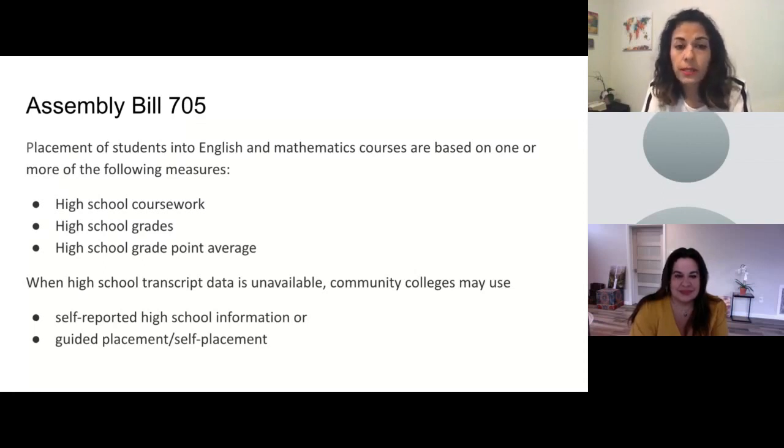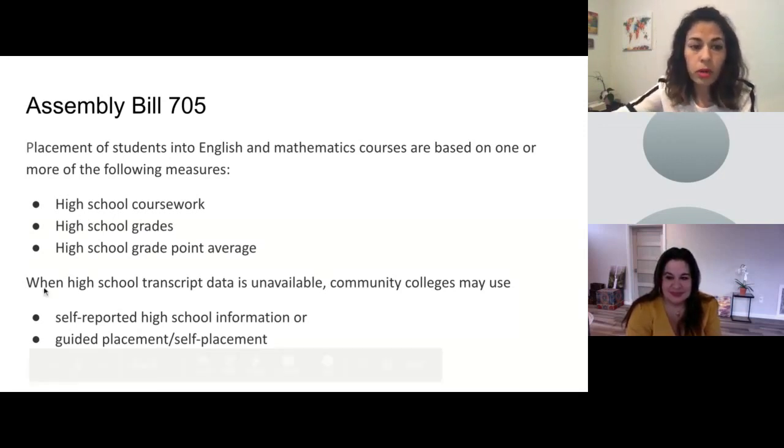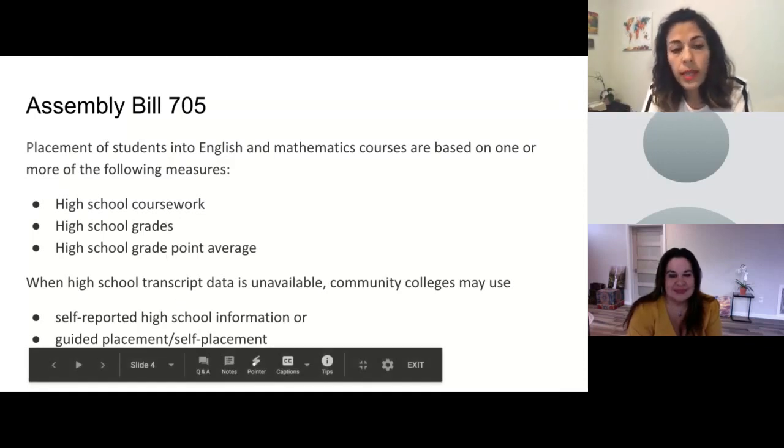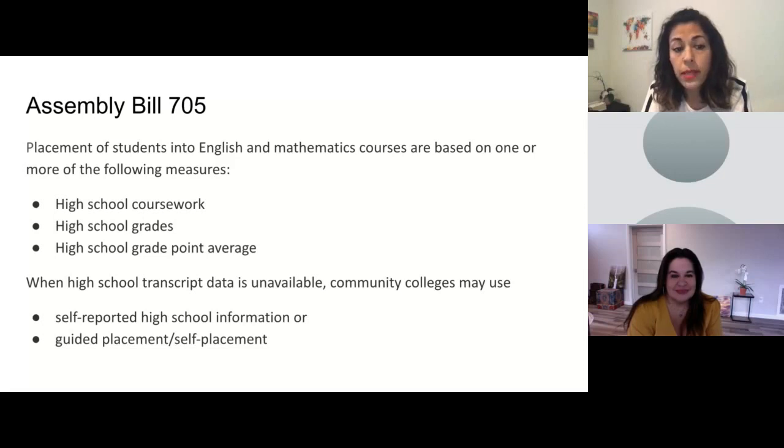So the state of California came up with this new law that instead of placing students based on a placement test, they now use multiple measures, one of these three measures. So they now place high school students based on their high school coursework, grades, and GPA.